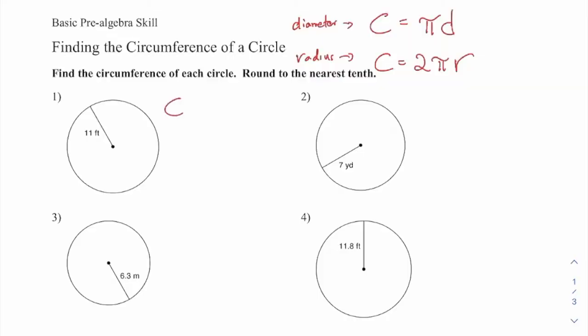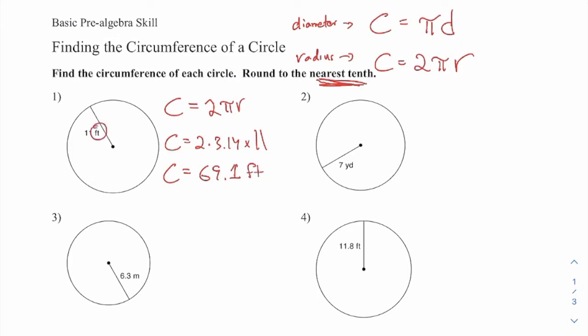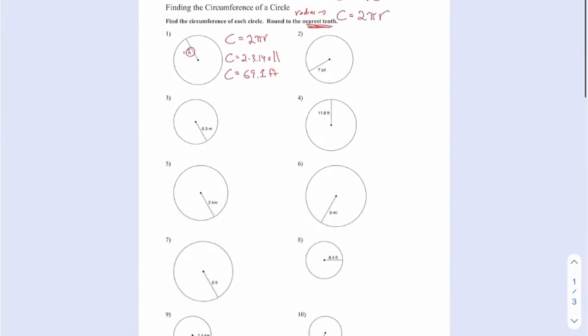So I'm going to use C equals 2 pi r. C equals 2 times 3.14 times 11. 11 times 3.14 times 2 is, C equals 69 point, and now this says round to the nearest tenth, 69.08, so it's going to go 69.1 feet, because that's my unit here. Okay, number 2, I again see radius. Are all of these radius?